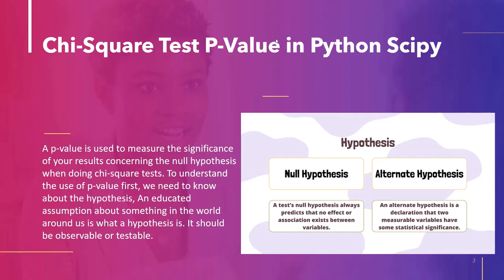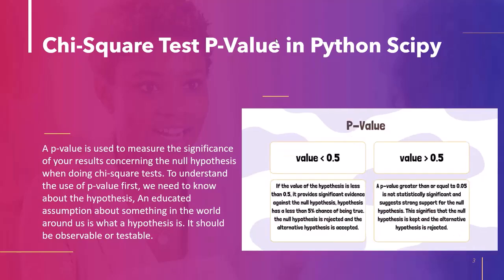Now that we understand the null hypothesis, we can use the p-value to determine whether we should accept the null or alternate hypothesis. In general, if the p-value is smaller than 0.05, it provides strong evidence against the null hypothesis, because the null hypothesis has less than a 5% chance of being correct. The null hypothesis is thereby rejected while the alternate hypothesis is accepted.